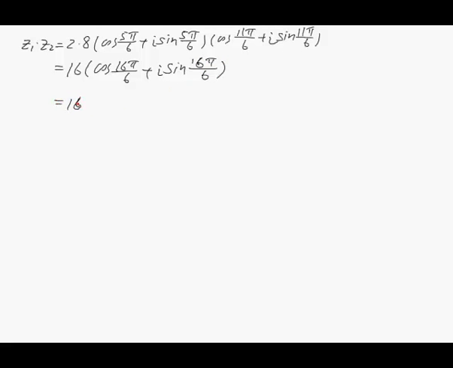Then simplify, you cancel the common factor 2 from the numerator and denominator, you have the 8 pi over 3.